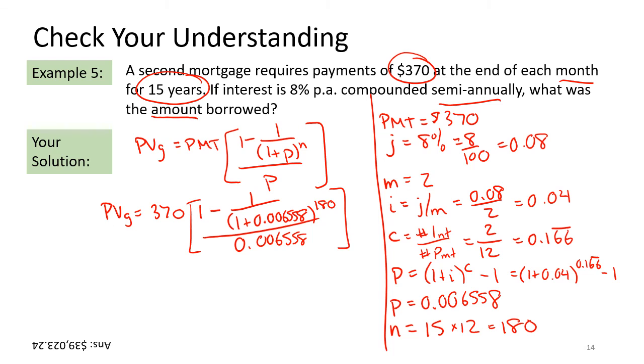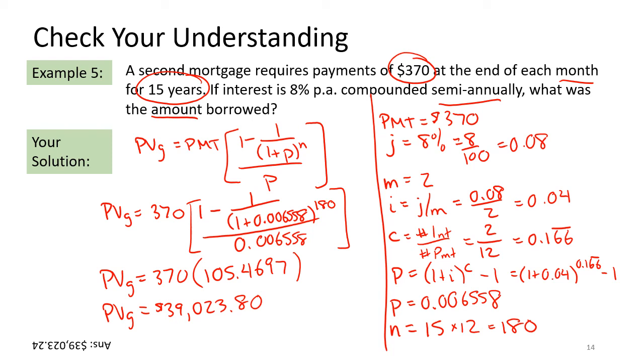So if you calculate everything out in brackets, you end up with the present value is equal to 370 times 105.4697. And if you calculate that out, you get an answer of $39,023.80.